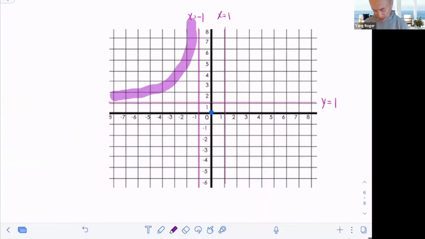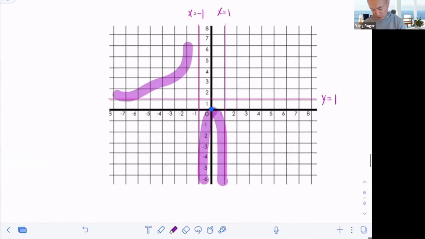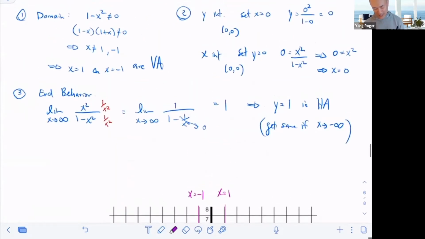Maybe it goes like this. Maybe it doesn't look like that at all. I have no idea. But I'll be able to answer all these questions once I do steps 4, 5, and 6.